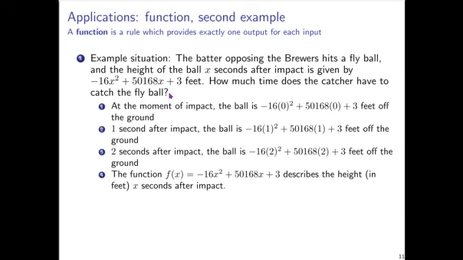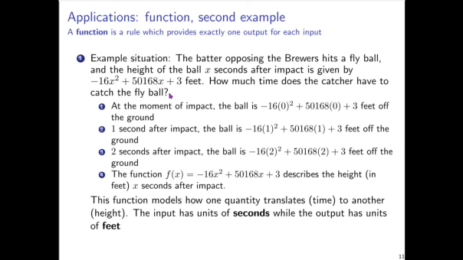Again, it's tedious to write down all of these, and so this function helps take care of a bunch of situations all at once. The function f of x equals negative 16x squared plus 50,168x plus 3 describes the height in feet, x seconds after impact. This function models how one quantity, in this case time, translates to another quantity, in this case height. The input has units of seconds, while the output has units of feet. The height of the ball is given in feet.